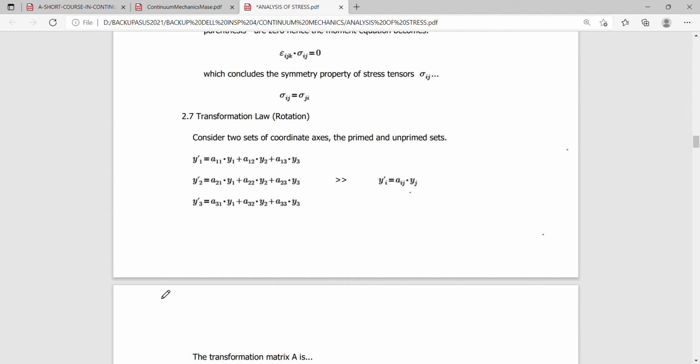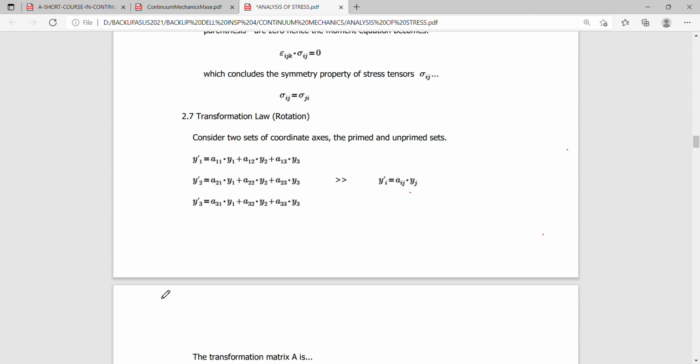So in general, if we consider two sets of coordinate system or coordinate axis, we normally designate the axis transformed from an unprimed set of coordinate system to a primed set of coordinate system.